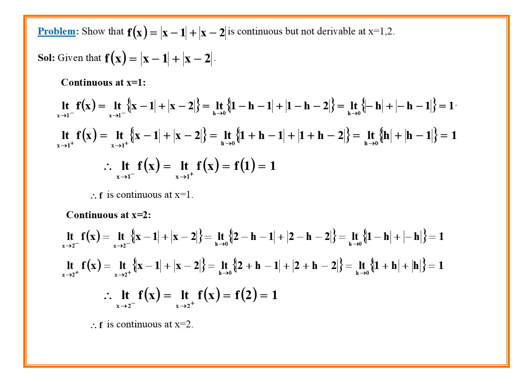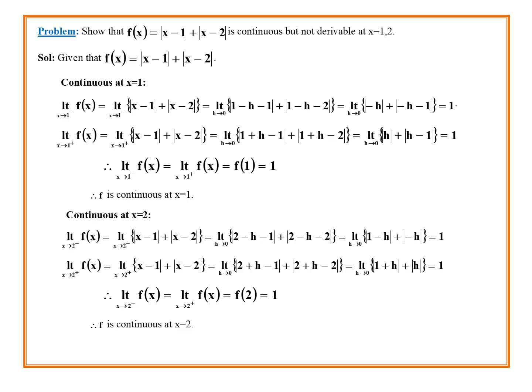The value is 1, because in modulus a negative value always becomes a positive value. Modulus means we are always taking the positive value. Therefore, limit x tends to 1 minus f of x equals limit x tends to 1 plus f of x equals f of 1, which is 1. Therefore, f is continuous at x equals 1.